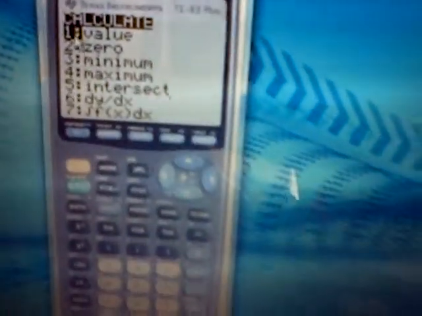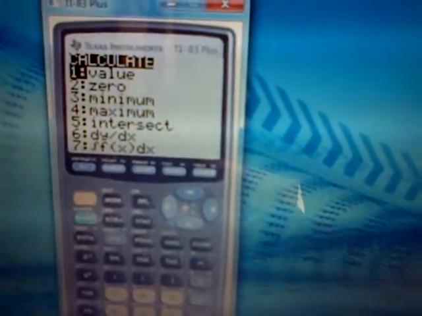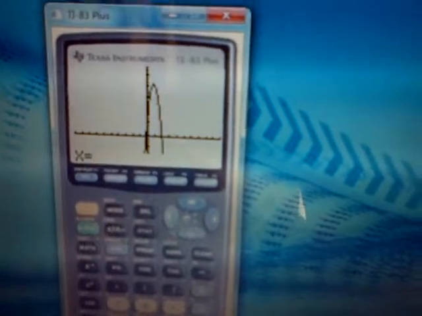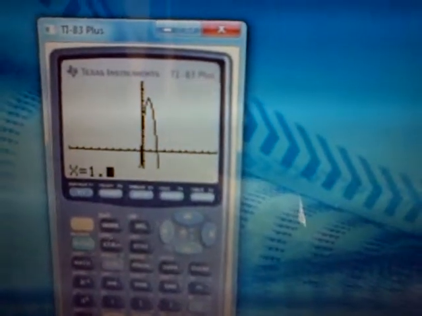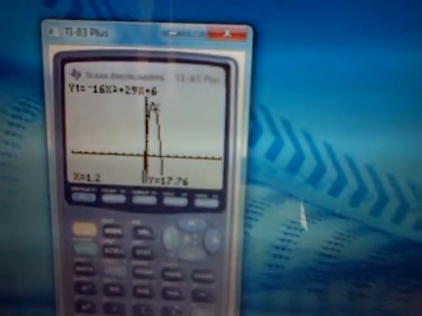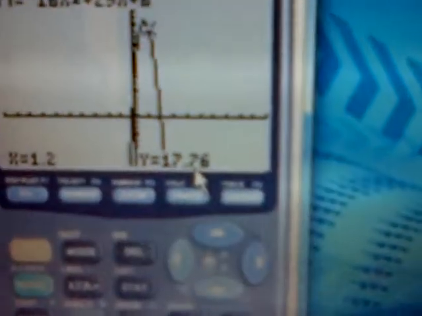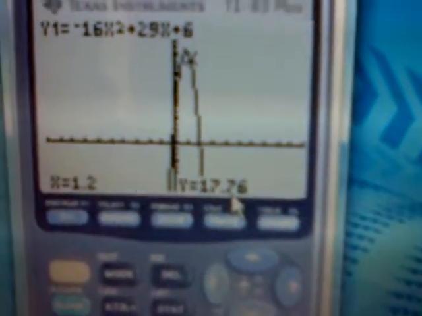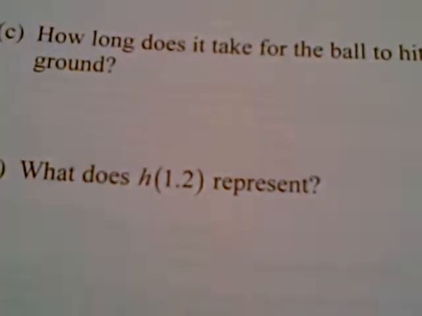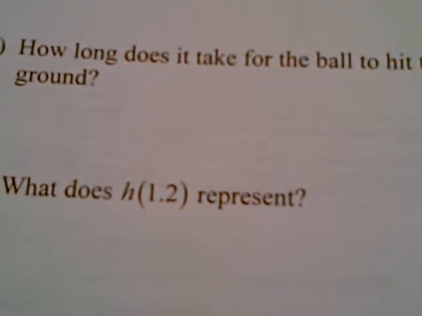Or on your calculator, you go back to second, trace, and if you hit option 1 for value, you can actually type in 1.2 and hit enter, and it tells you the y value when x is 1.2. So at 1.2 seconds, the height is 17.76. That is how you do projectile motion.